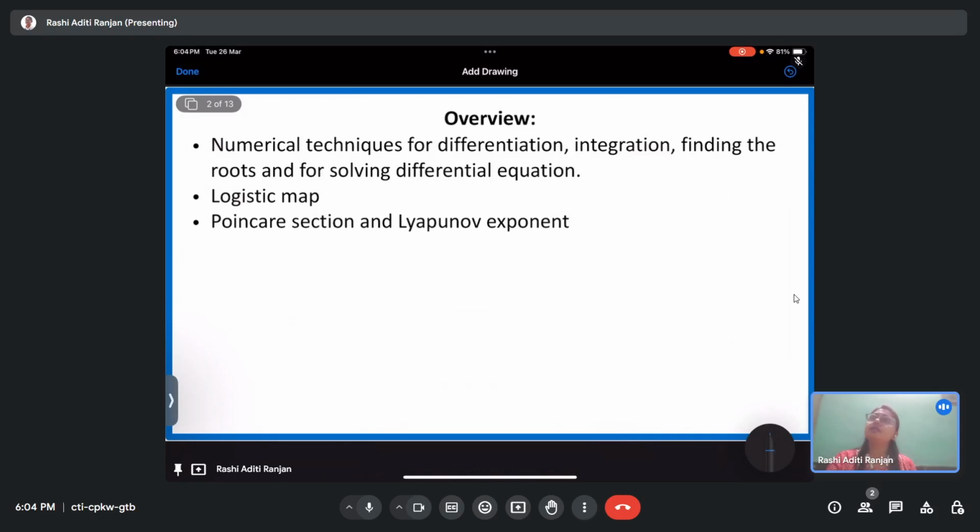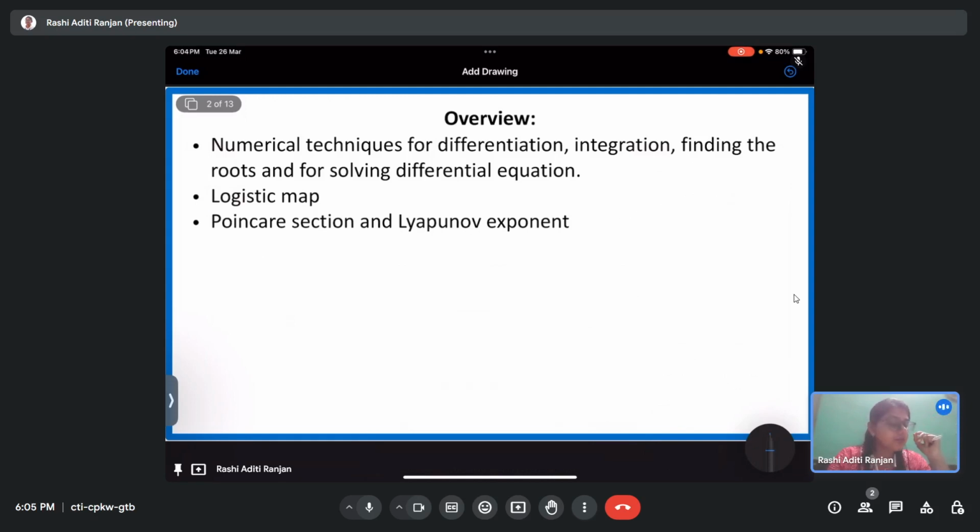However, if the equation is complex, with many terms having high positive power, high negative power, transcendental functions like sine, cos, exponentials, logarithmics, etc., then computing the differentiation, integration, specifically finding the roots and solving the differential equation, becomes a very difficult task. In that case, we try to use numerical techniques in order to get the required solution.